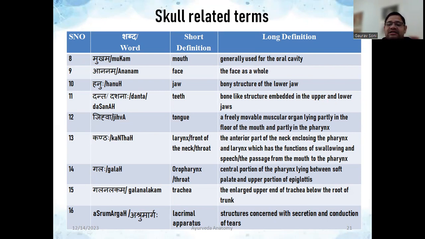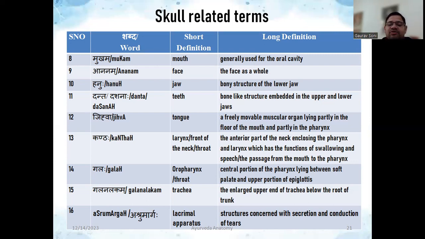Then there is Kantha. Kantha can be called the front of the neck, or you can say larynx. It is the anterior part of the neck, enclosing the pharynx and larynx. These two are the organs which are behind, in the neck region. Then there is Gala. Gala can be said to be the oropharynx. Pharynx is divided into three parts. One of them is the oropharynx, which is behind the oral opening.